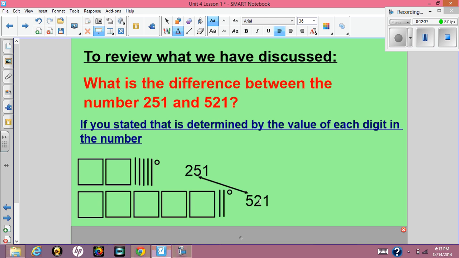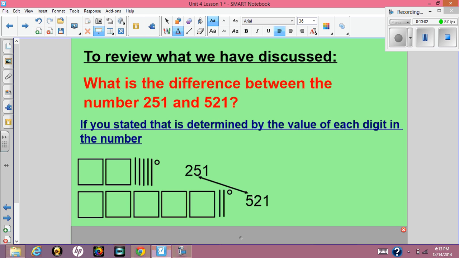The 521 has a 5 with a value of 500. Here's our 500, 100 boxes. The 2 has a value of 20. Here's 2 tens, or 20. And then we have the 1, which is in the ones column.